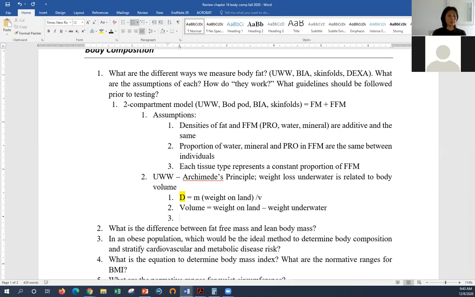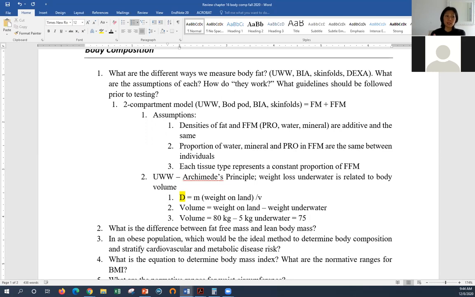So if on the test you're given someone's weight on land, say they're 80 kilograms on land, but underwater they are, I don't know, 5 kilograms, you should be able to calculate their volume. This is how we determine volume: taking someone's body weight on land and subtracting out their body weight underwater. This difference is their volume.